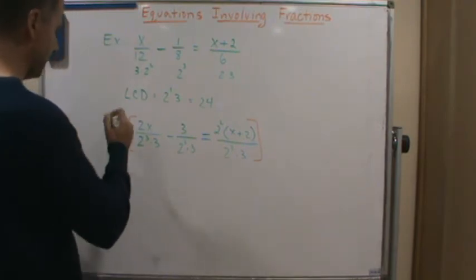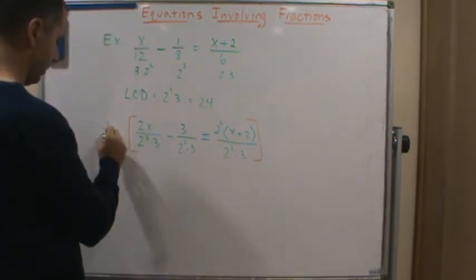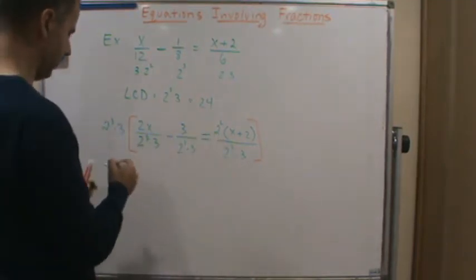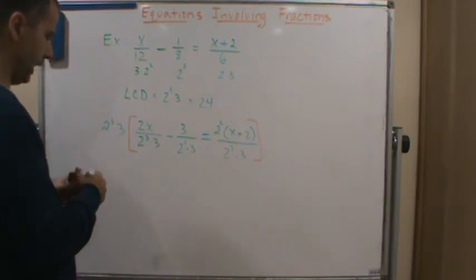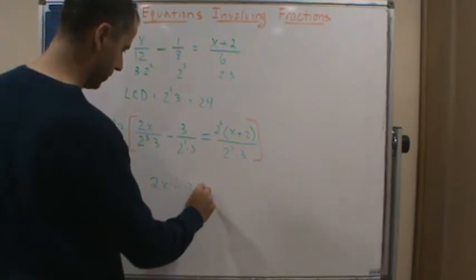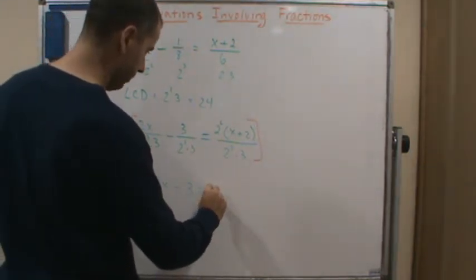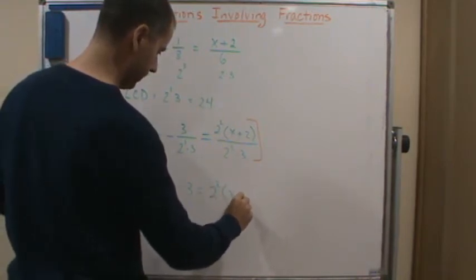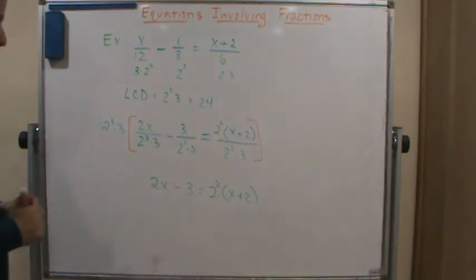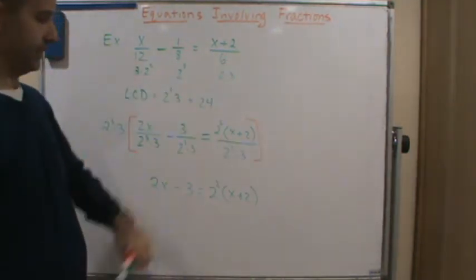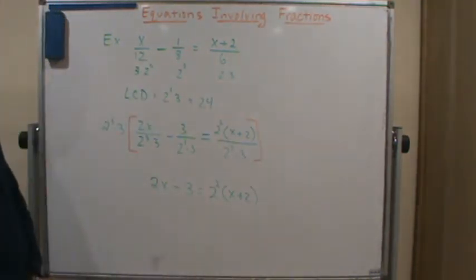If I multiplied by the LCD all the way through, I would be left with 2x minus 3 equals 2 squared times x plus 2. And this is the same as this, just a different form.